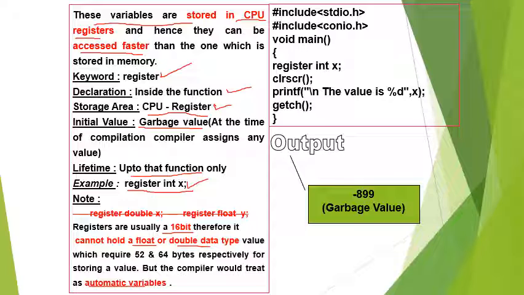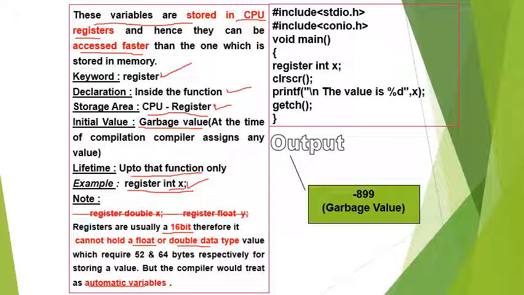That is because if we declare inside the function, it will treat it as an automatic variable. Then it will be stored in stack memory only. If we want to use it as a register variable, we have to declare it as an int, register int x. Then only it can be stored in the CPU registers.